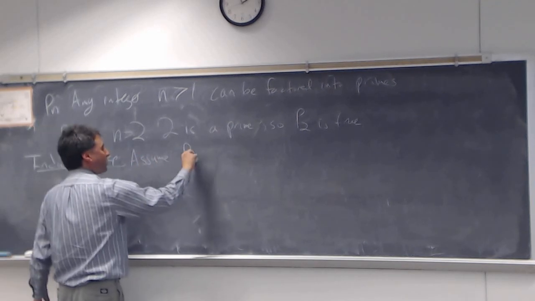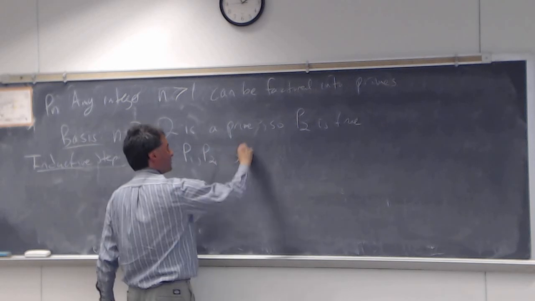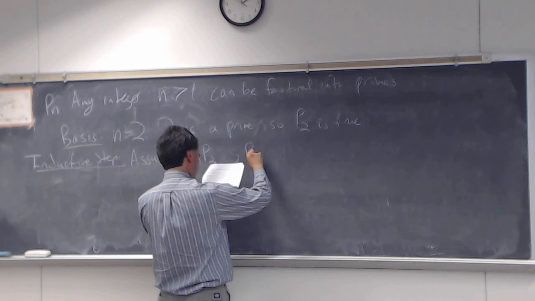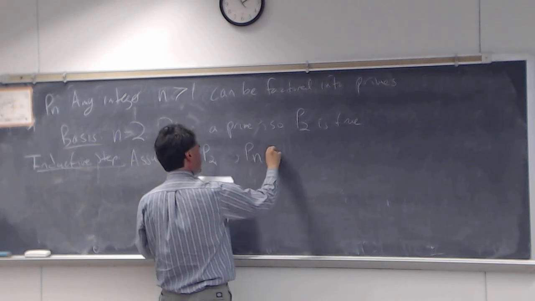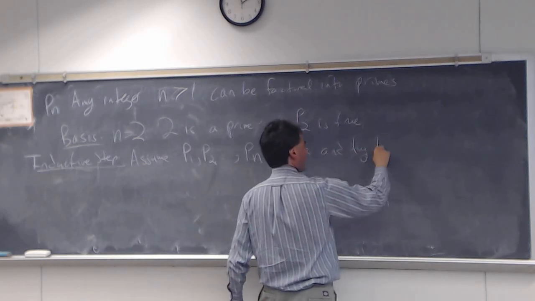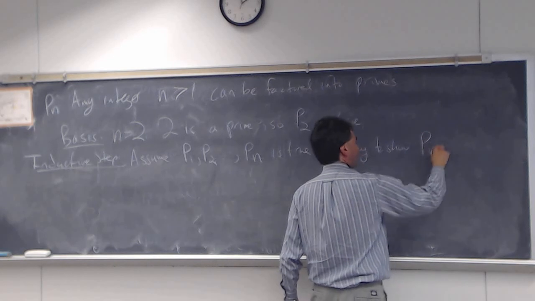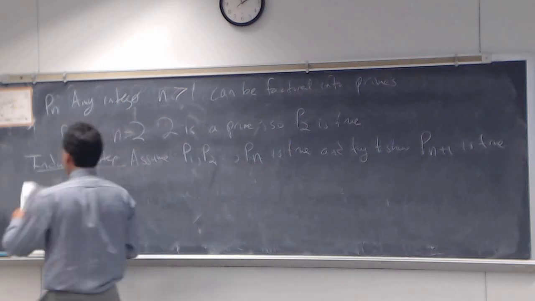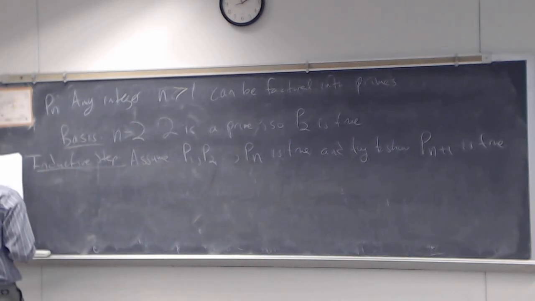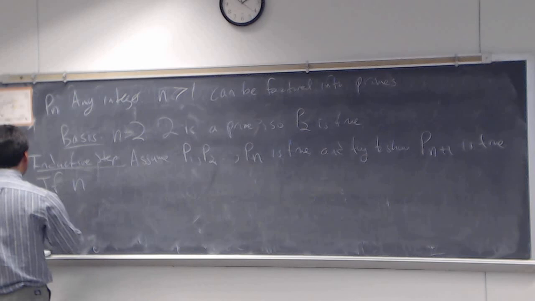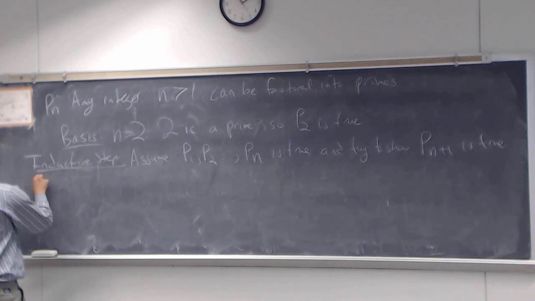So we assume P1, P2, up to Pn is true, and try to show Pn plus 1 is true. So we need to show, that is, what is Pn?